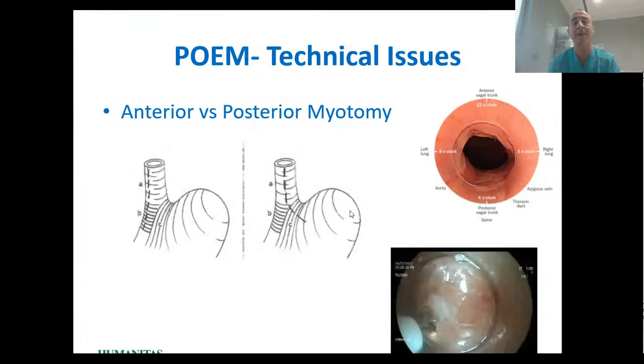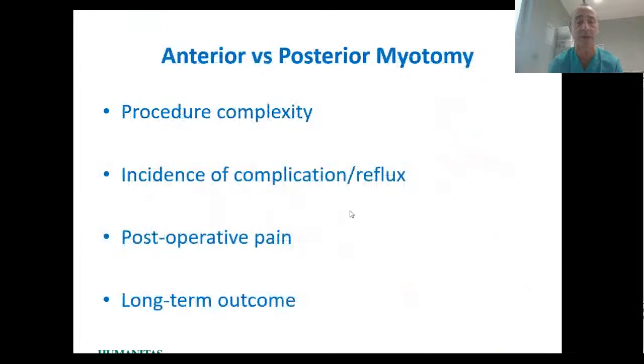There is a lot of discussion about how to do the myotomy. This is a typical myotomy I am performing on one of my patients. Is it anterior or posterior? There are experts saying that anterior is better than posterior and vice versa.